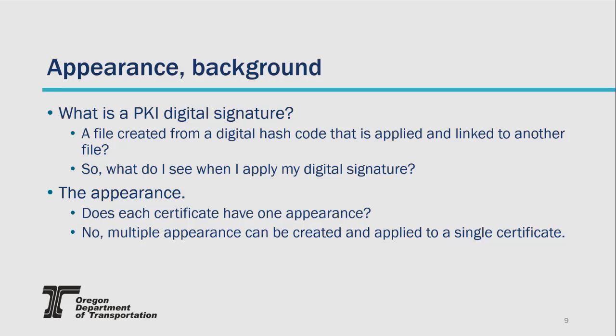So is that what you see when you apply your digital signature? No, what you see is called an appearance. The appearance is literally just that. What do I see when I apply my signature?